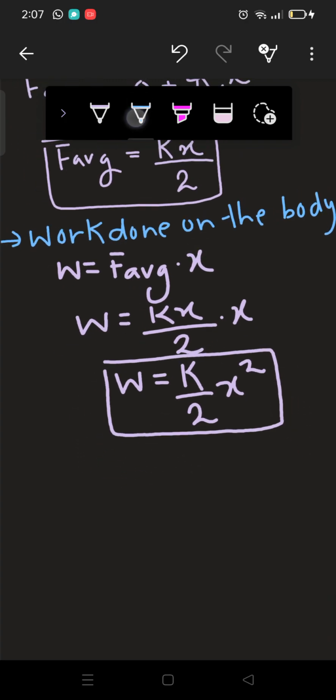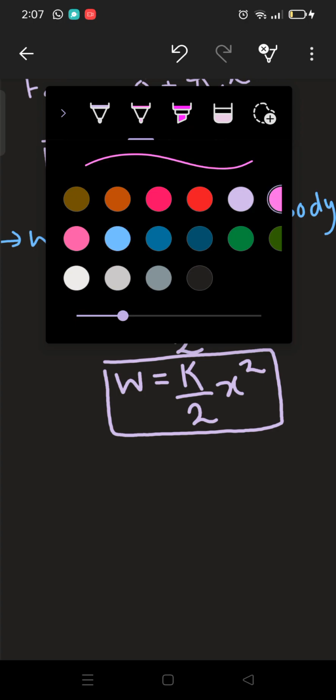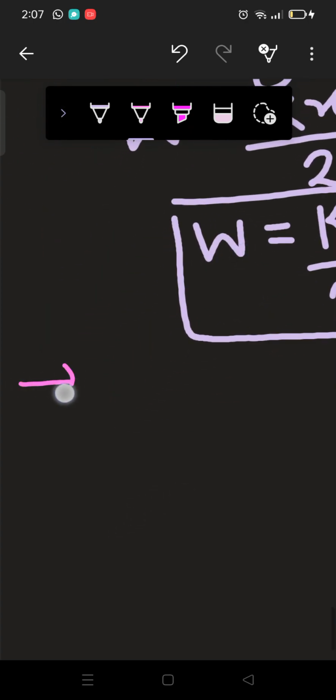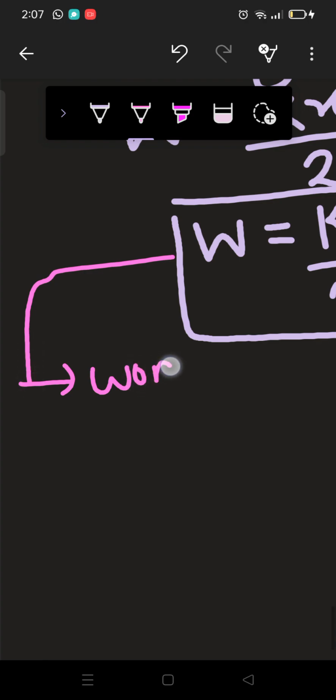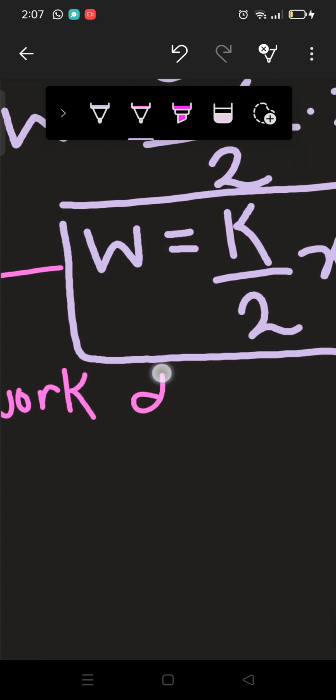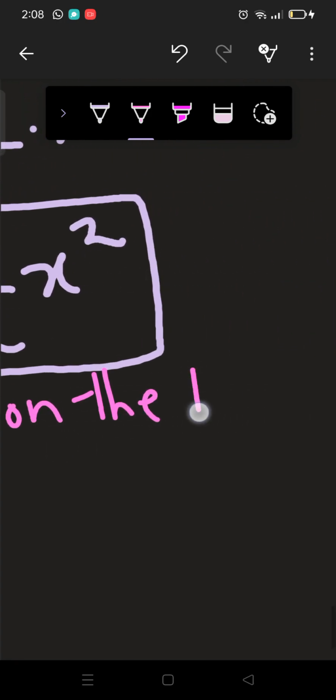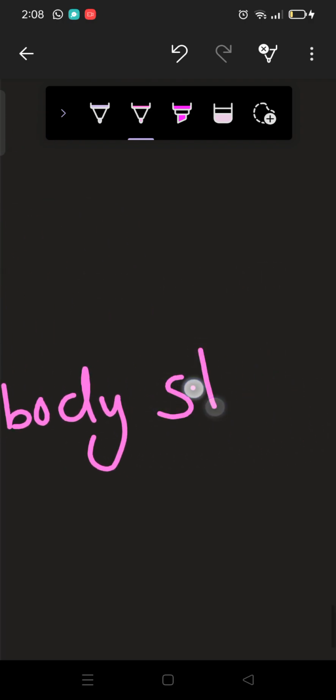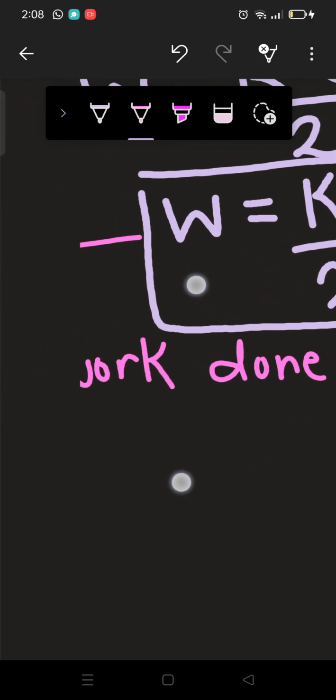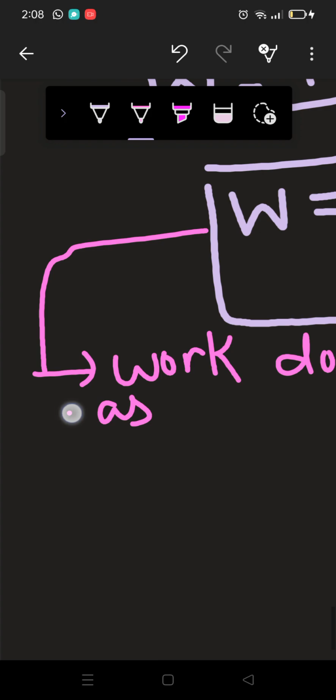This is the work done on the body, stored as potential energy.